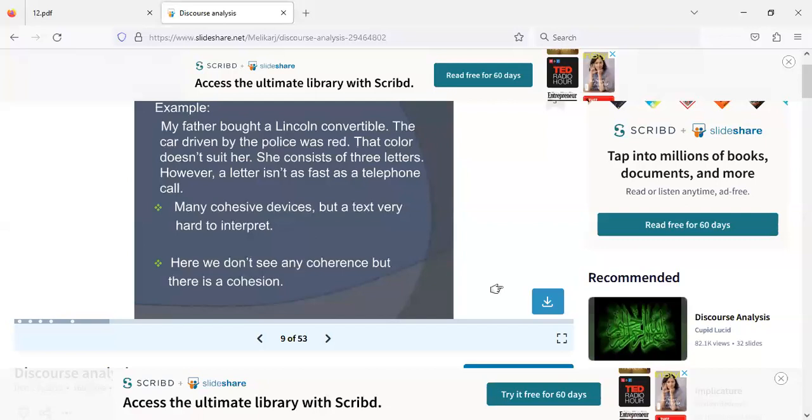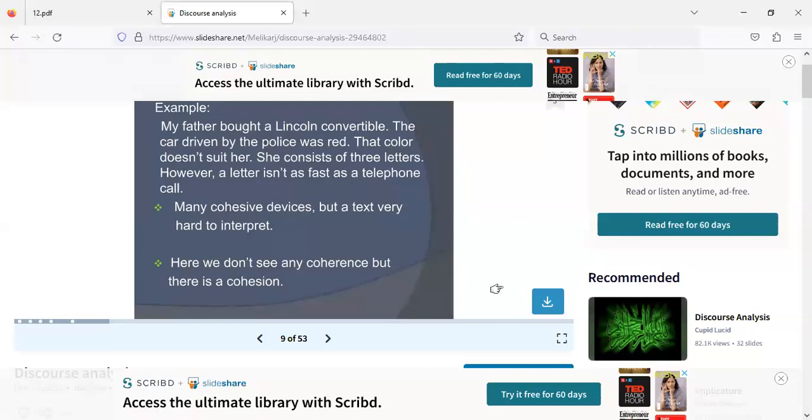Cohesion is there, right? Grammatical relationship is there, but something is missing. What is that? No coherence. There is no logical relationship. So who is making this coherence? The writer, right?